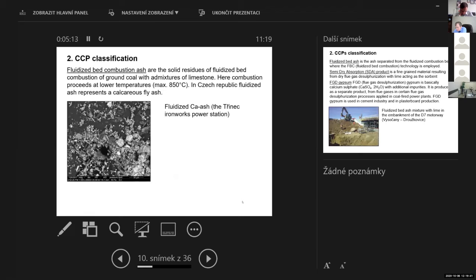Then there are products from fluidized bed combustion. This is the fluidized bed combustion ash, which is a product of burning of coal with its mixtures of lime to reduce the sulfur content. Here, combustion proceeds at lower temperatures, maximally 850 centigrades. Materials are composed of irregular particles, and they are rich in calcium.